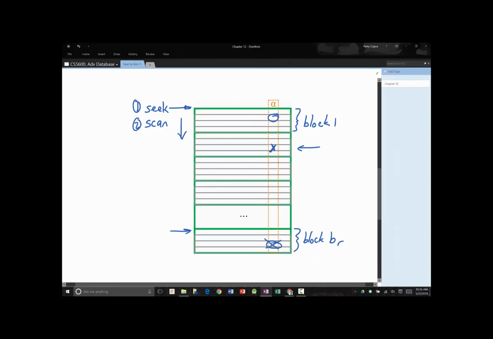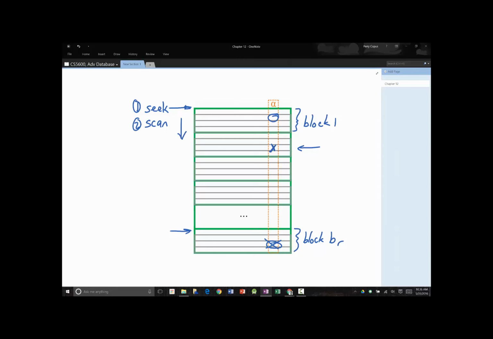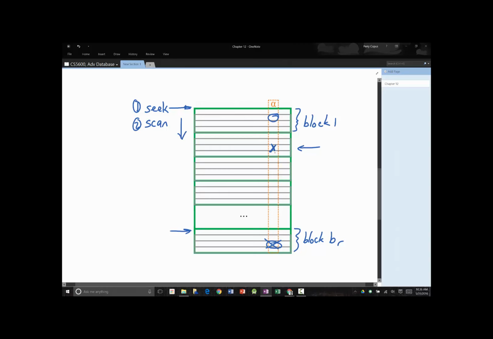So you can see immediately what the time is going to be for this one. In the case that alpha equals x exists somewhere in this table, we're going to have the time for a seek plus, well, how many blocks do we need to transfer? If we find it in the first one, we only have to transfer one block. If we find it in the last one, we have to transfer b sub r blocks.